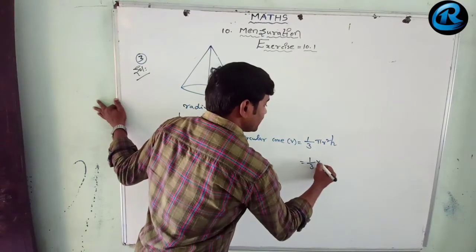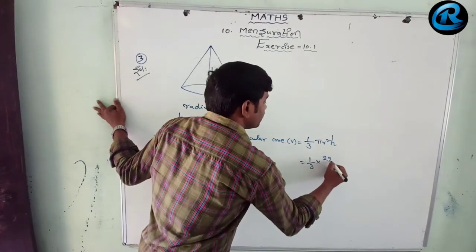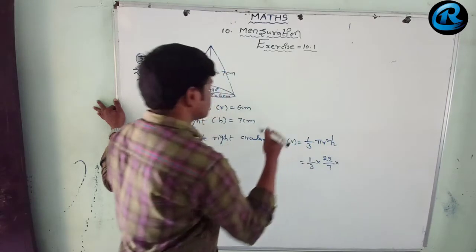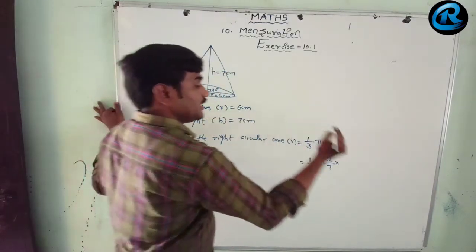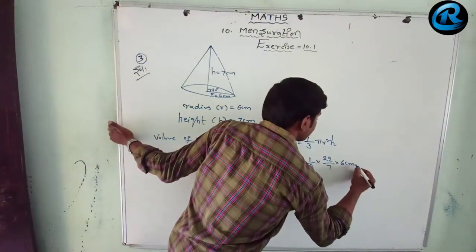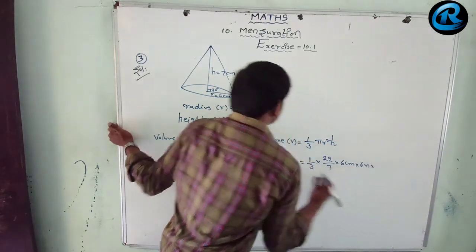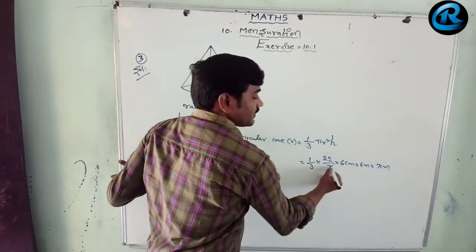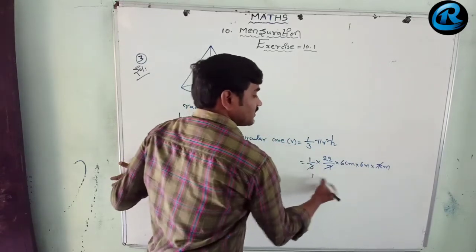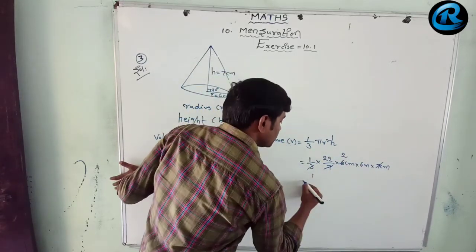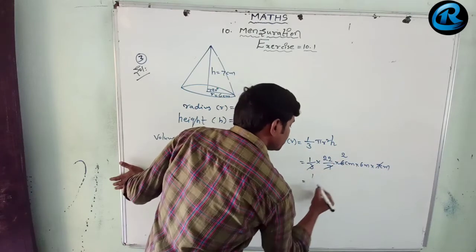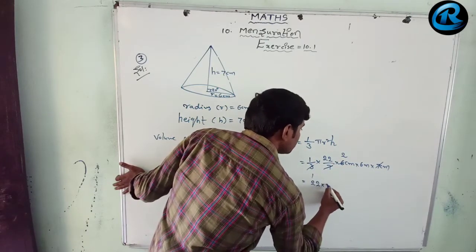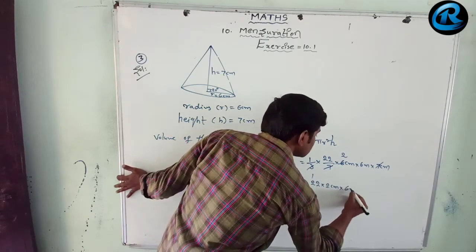1 by 3 into pi 22 by 7, r square is 6 centimeter into 6 centimeter, h is 7 centimeter. See my dear children, 7 and 7 get cancelled. 3 ones are 3, 3 twos are 6. That means here 22 into 2 into 2 centimeters into 6 centimeters.